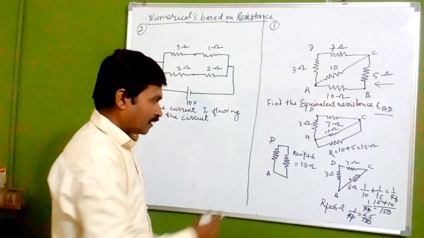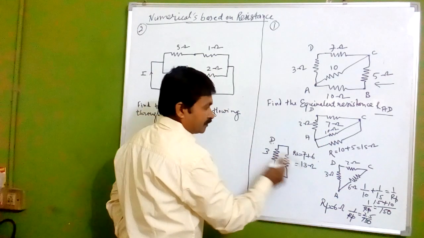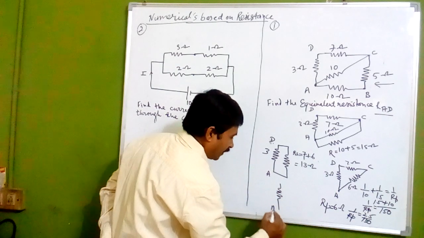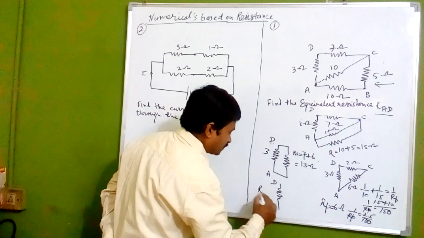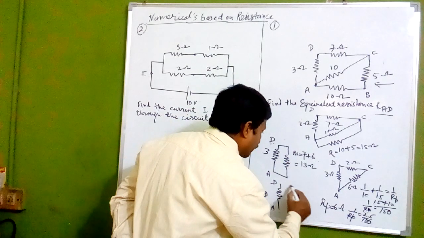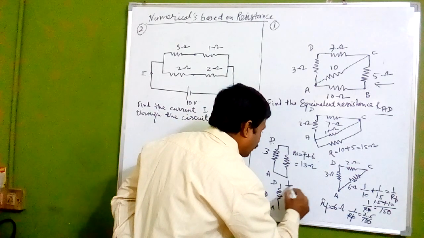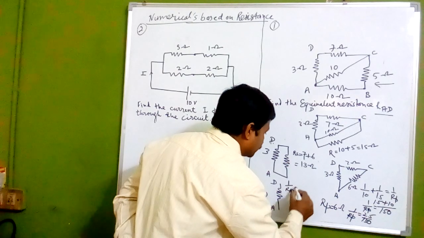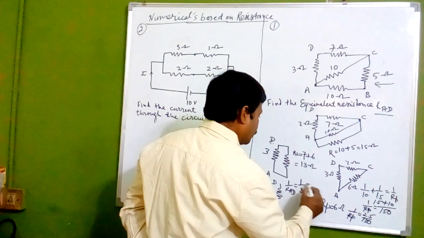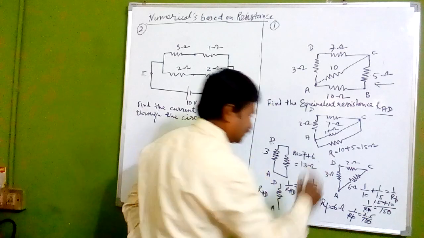Now we are going to calculate RAD. Now it is in parallel. So we will be having final AD, that is RAD, and both are in parallel. That's why we are going to have 1 upon RAD equals 1 upon 3 plus 1 upon 13.